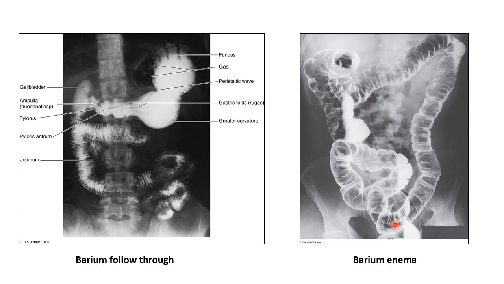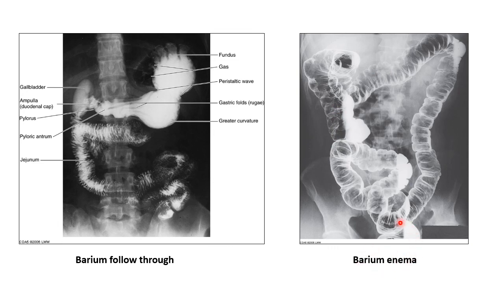For this investigation, to visualize the large intestine, the barium is not introduced through the mouth, but through the anus. It will be injected through the anus, and then it moves up and fills the different parts of the large intestine. This investigation is called barium enema.